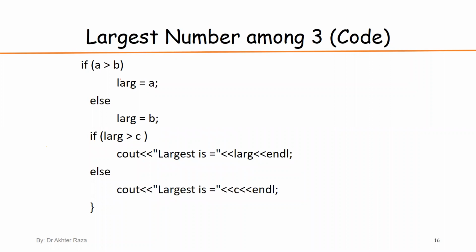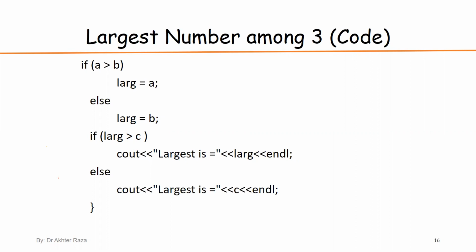Then if A is greater than B, A is large. Else B is large. So this is the check of whether A is large or B is large. Then I have to check if the large one is bigger than C. If the large one is greater than C, then the largest is large.